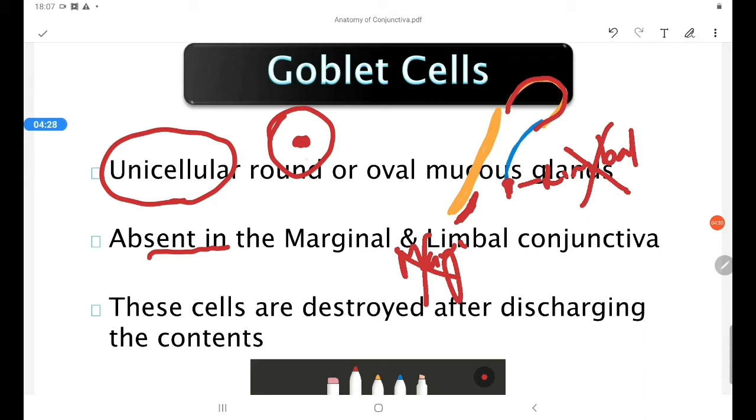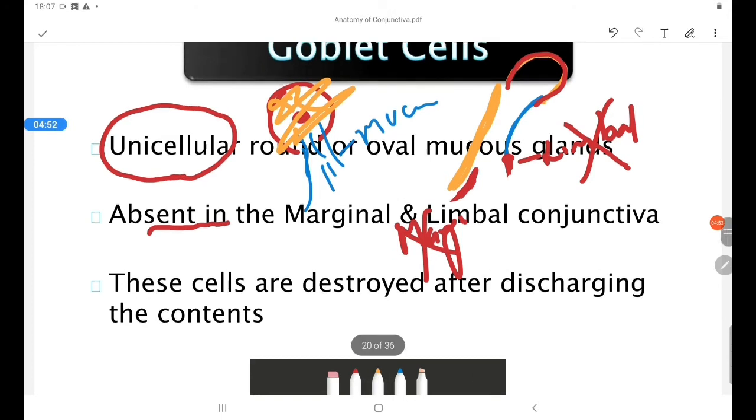Another important thing about this unicellular cell is, once it releases the mucin out of the goblet cell, it destroys itself. It cannot regenerate. The role of releasing the next mucin is performed by the next goblet cells.